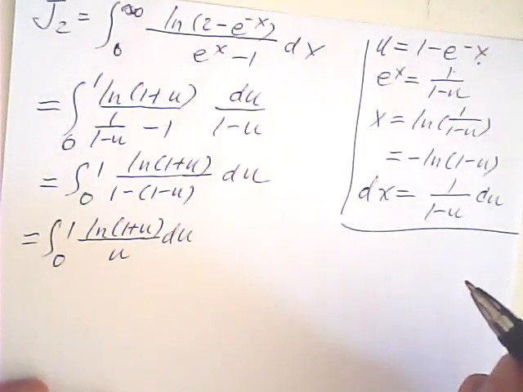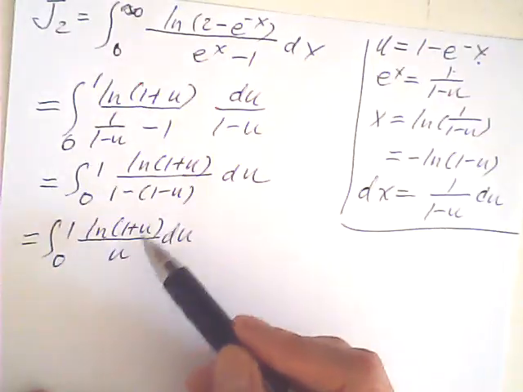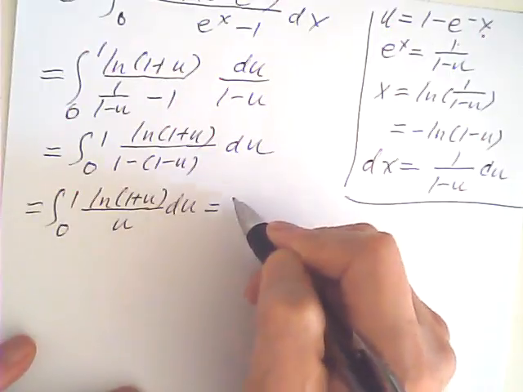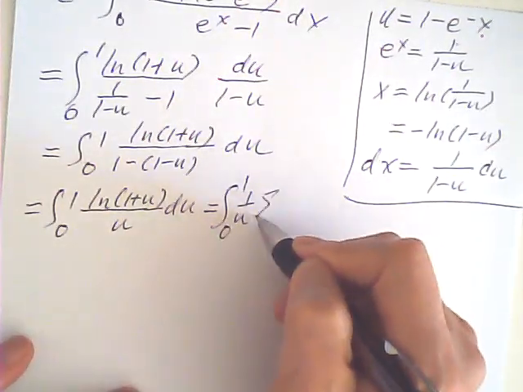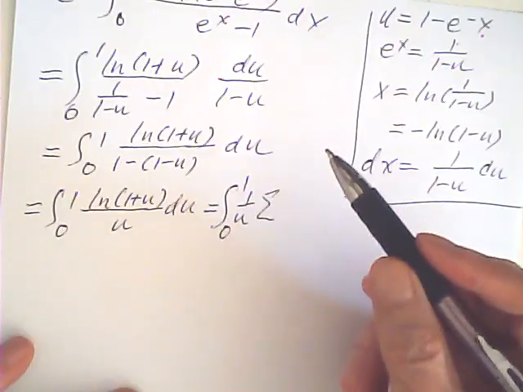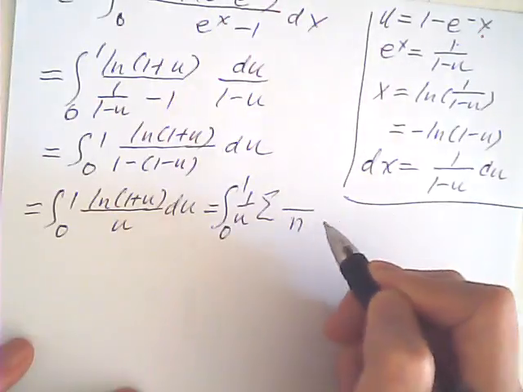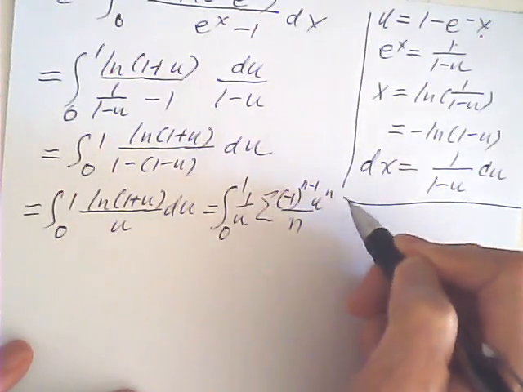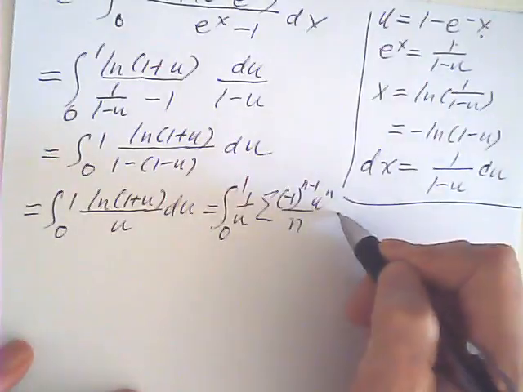Then I can rewrite the log of 1 plus u as a power series. So this one is equal to 1 over u times log of 1 plus u, which is equal to the sum over n from 1 of negative 1 to the n plus 1 times u to the n, du.